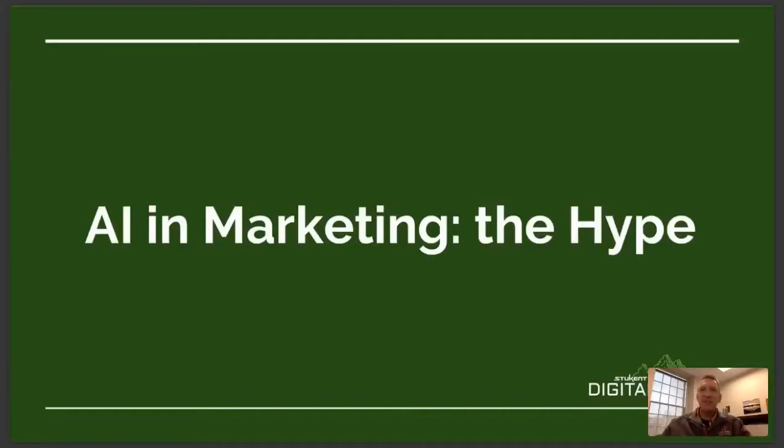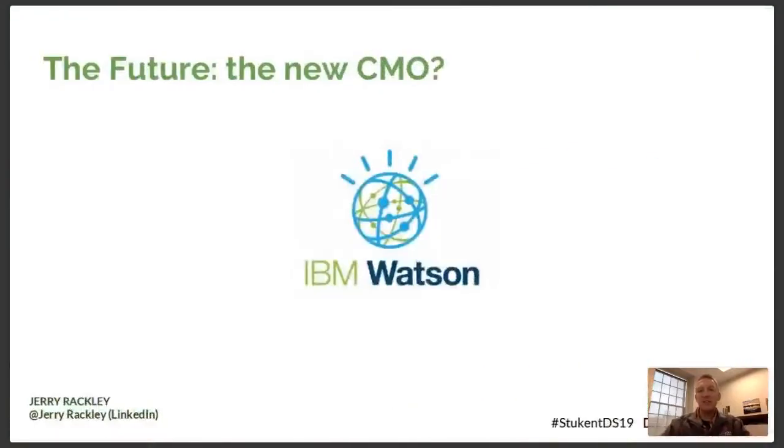So let's take a look at a few things. One of the things I just have to cover is this. Is AI going in this direction? We're all familiar with the Jeopardy champion Watson, IBM's now famous supercomputer that probably has the most advanced AI capabilities on the planet, and that's no exaggeration.